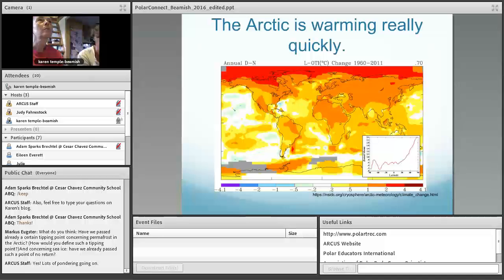If we continue to warm at the rate that we're warming, then we're probably at a point of no return. If there are things that can be done to slow the rate of warming, then perhaps carbon release from permafrost will also be slower.